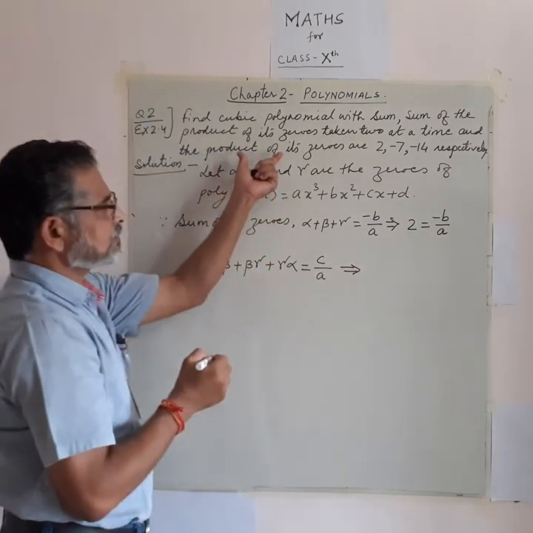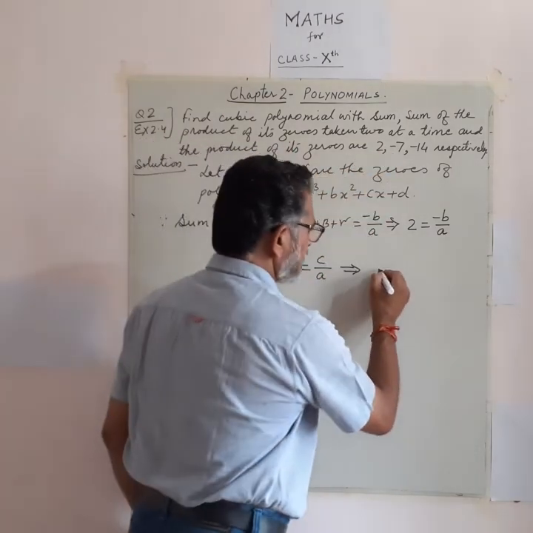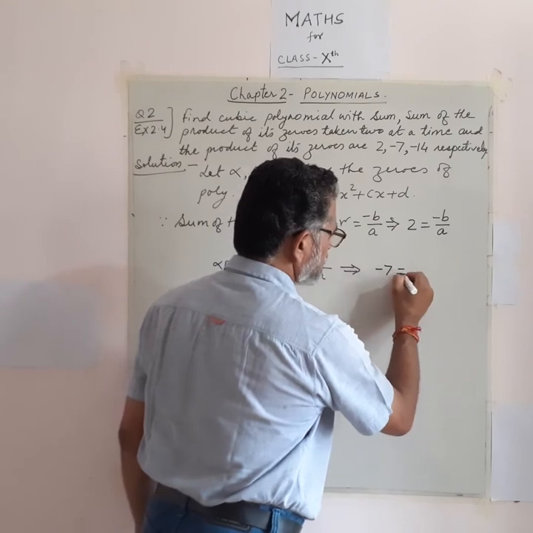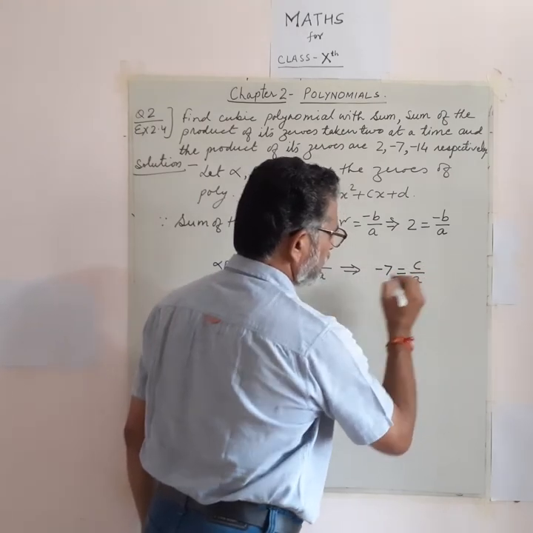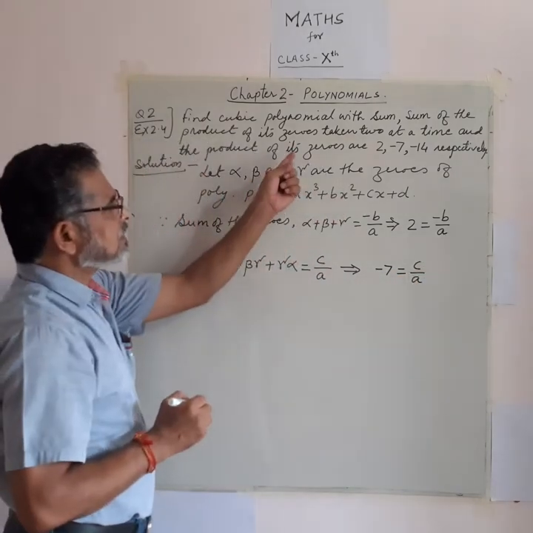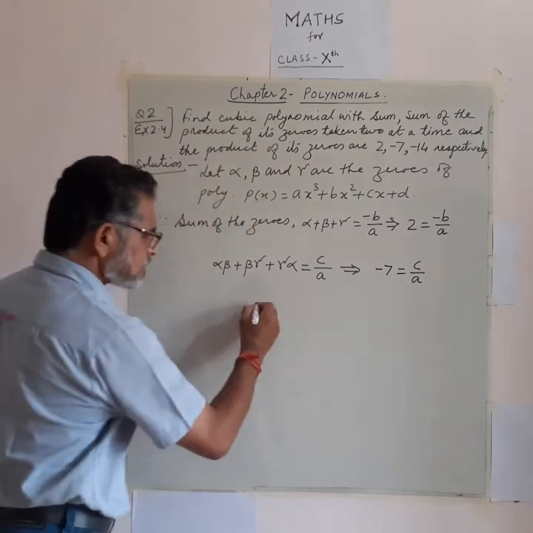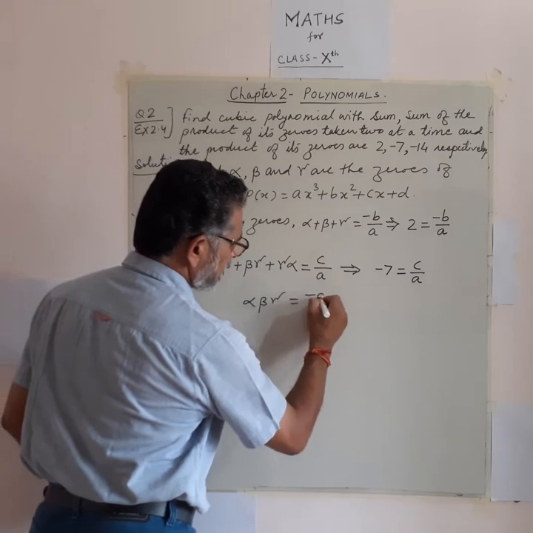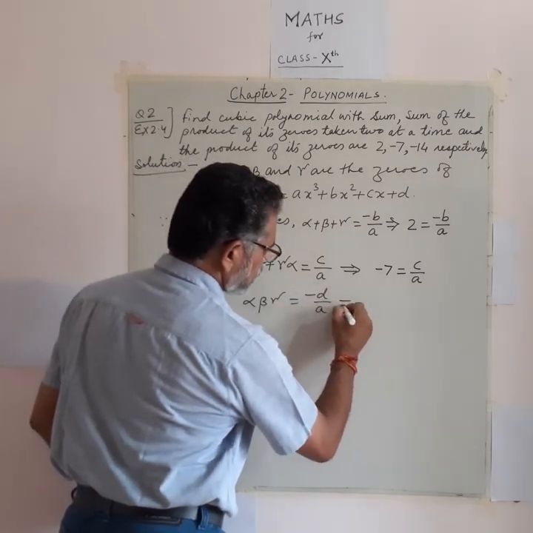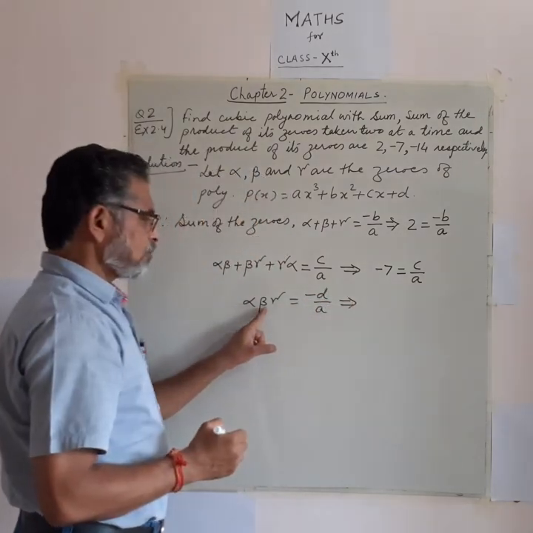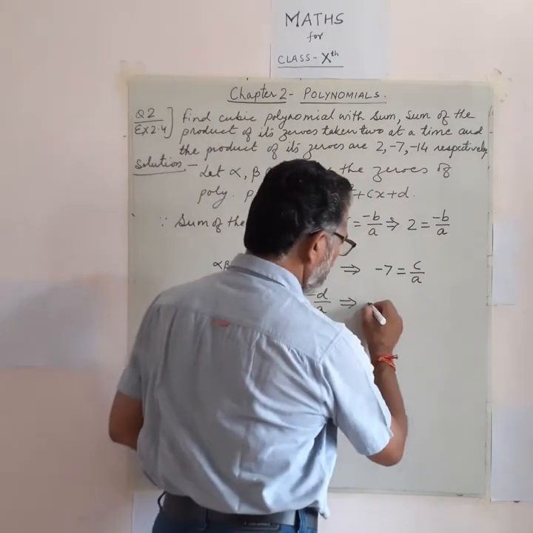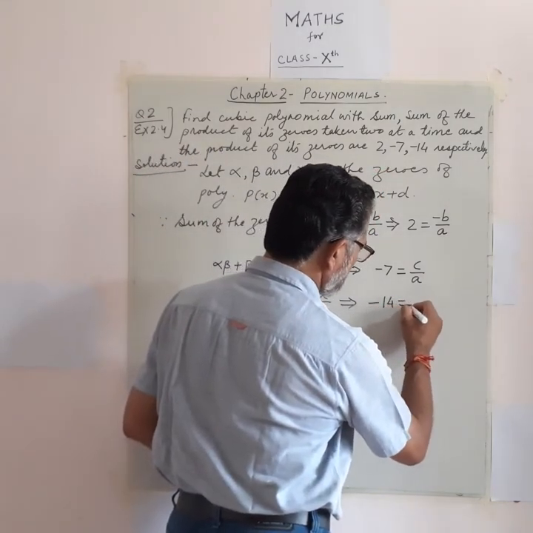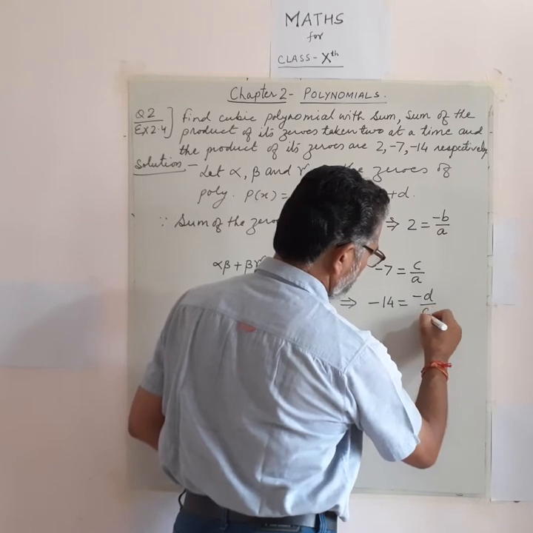The sum of the products taken two at a time is minus 7, equals c upon a. And last, the product of zeros, alpha into beta into gamma, is minus d upon a. So alpha into beta into gamma is minus 14, so minus 14 equals minus d upon a.